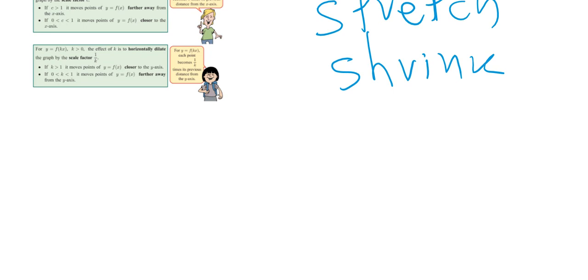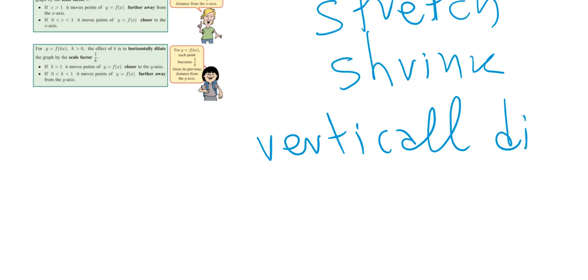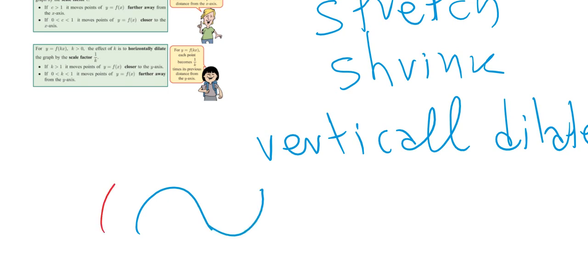I want you to understand that we can have vertical dilation. What does vertically dilate mean? I have something like this, for example, and when I vertically dilate it, I make it like this.